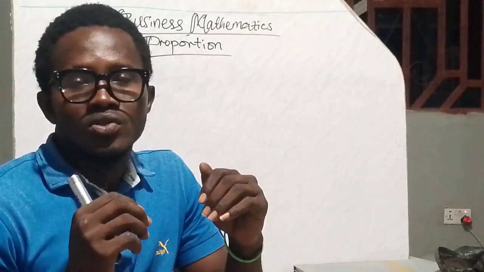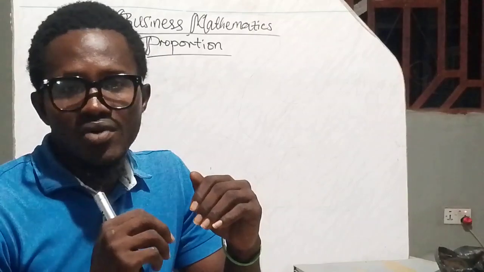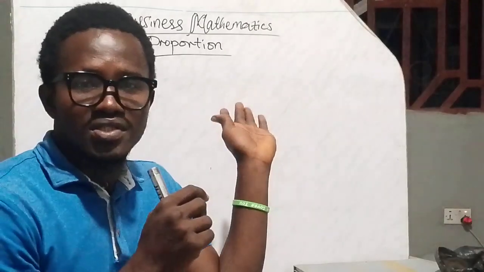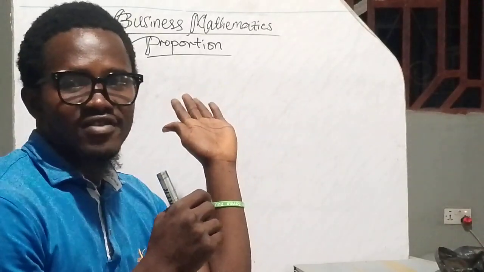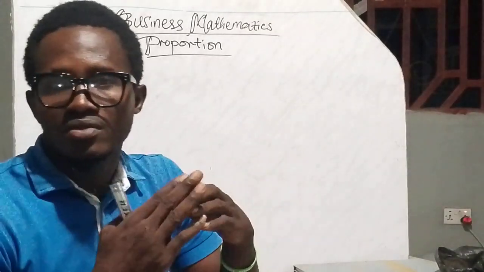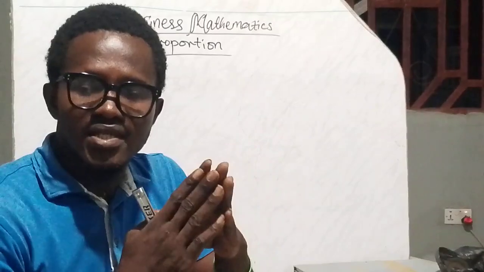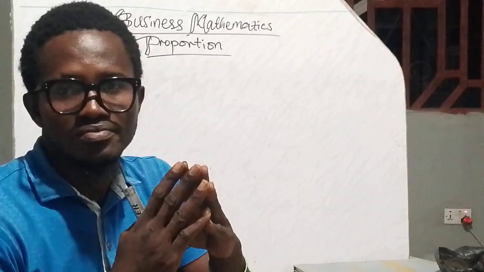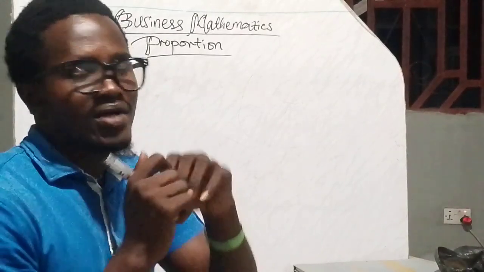Alright? So, if that is okay, today I want to take you through this other aspect of business mathematics, which is proportion. So what is proportion? Proportion basically is when two ratios are equal. That's simple. Look at this.